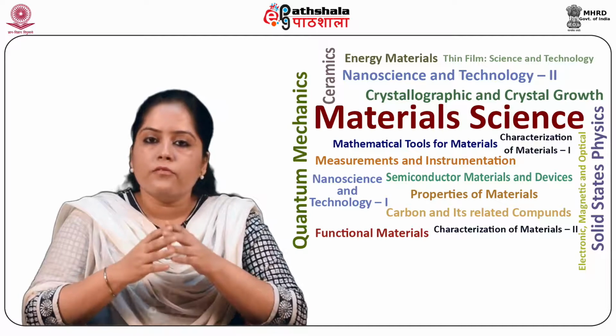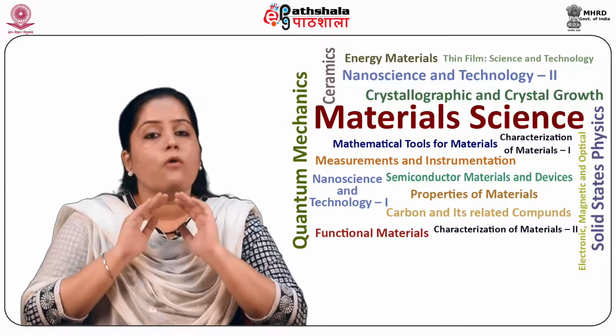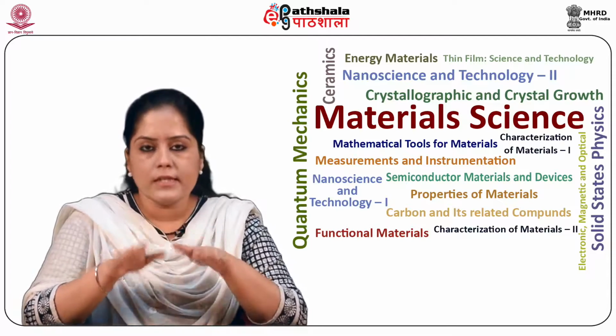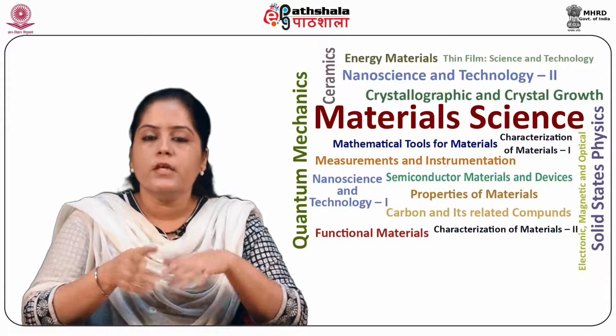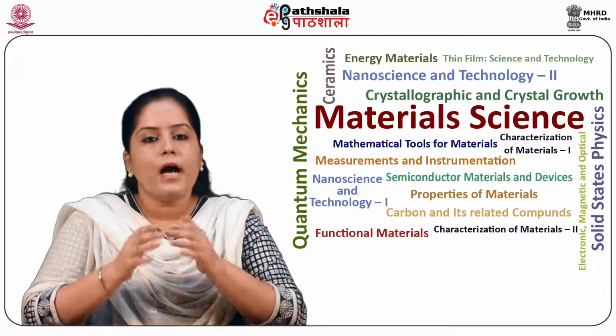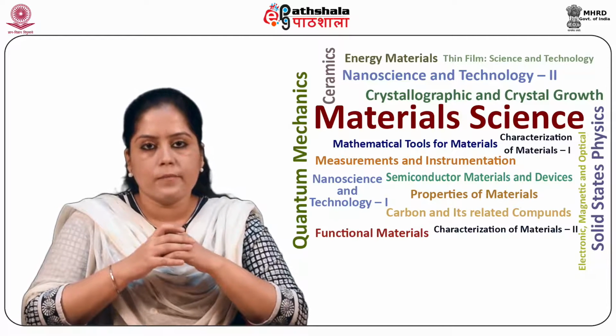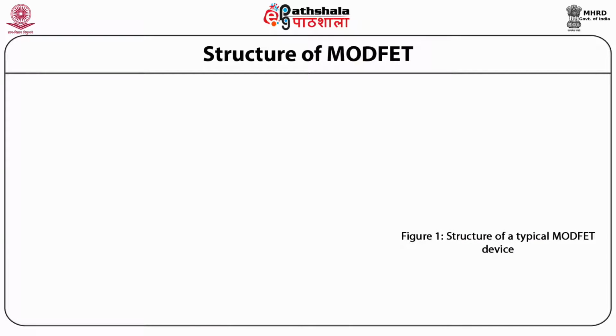Since then, the MODFET has been the subject of major research activities and promises to be an alternative to MESFETs for high-speed circuits. Structure of MODFET. The structure of a typical MODFET is shown in this figure.